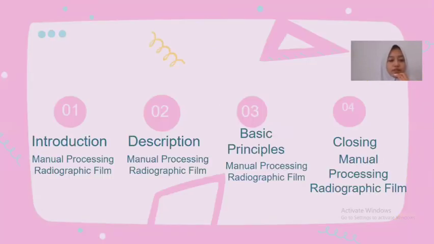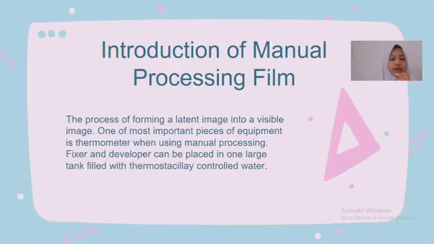And I learned: number one, introduction; number two, description; number three, basic principles; number four, closing of manual processing radiographic film. An introduction of manual processing film is the process of forming a latent image into a visible image.